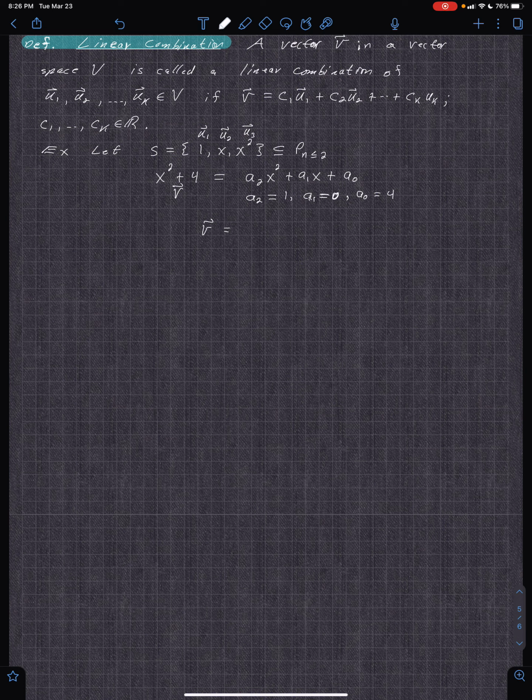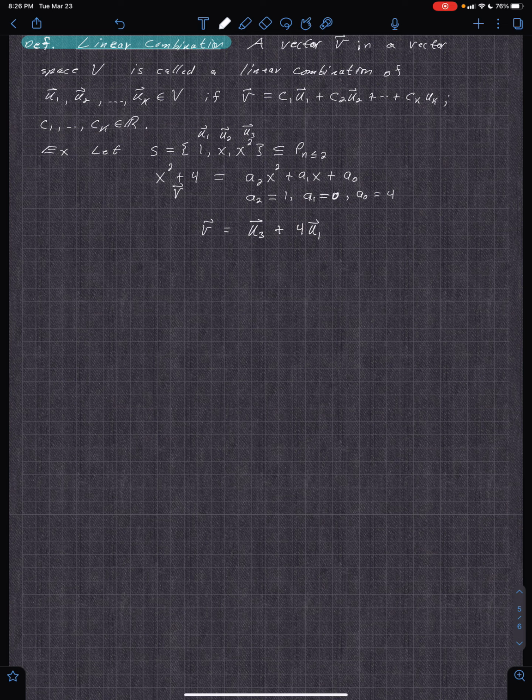The linear combination would be u3 plus 0 u2, but we wouldn't put it, and then 4 u1.